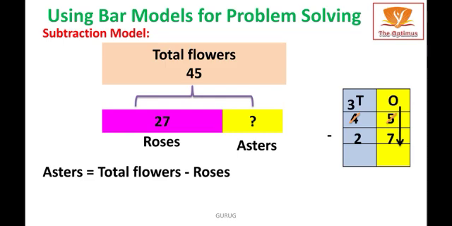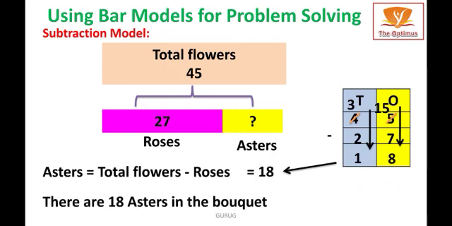In ones place I have 5, it becomes 15. 15 minus 7 equal to 8. In tens place I have 3. 3 minus 2 equal to 1. So it becomes 18. There are 18 asters in the bouquet.